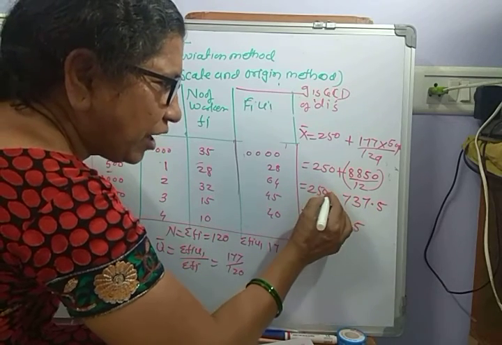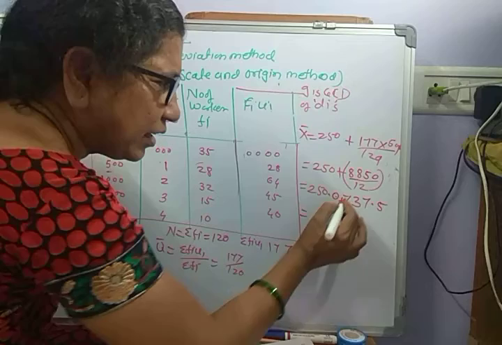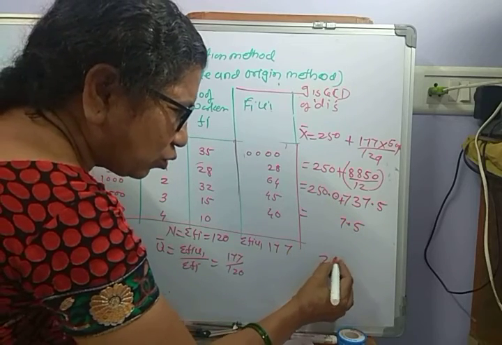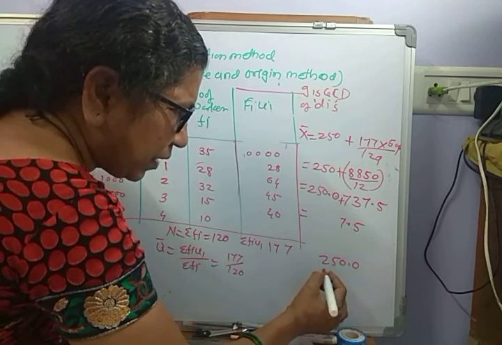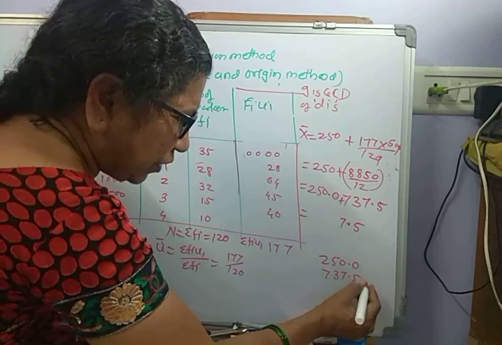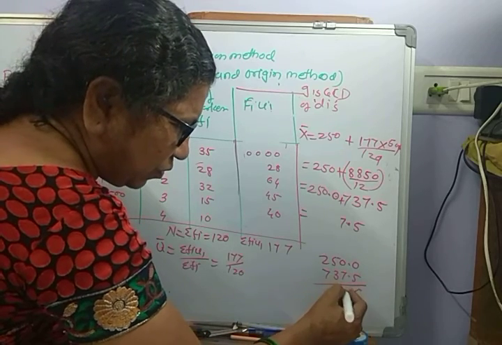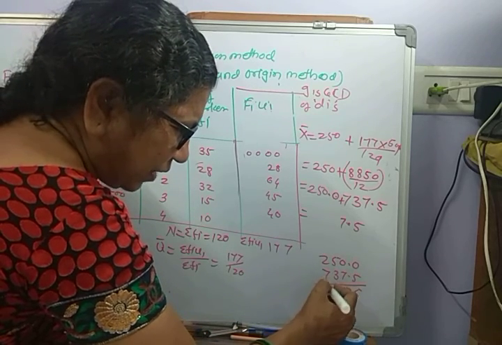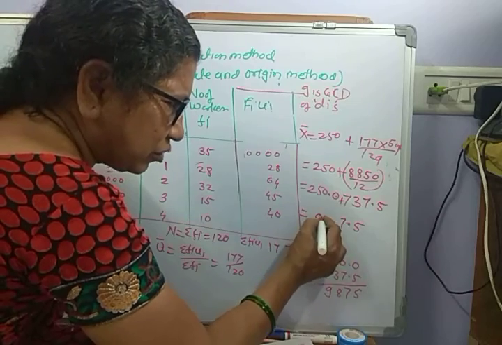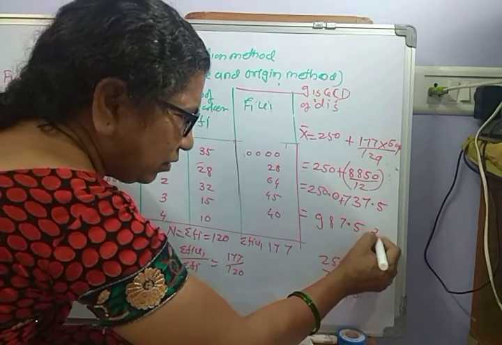If you cannot add, put 0 here and write like this: 250.0 plus 737.5. Whatever the answer, 9, 8, 7 point 5.